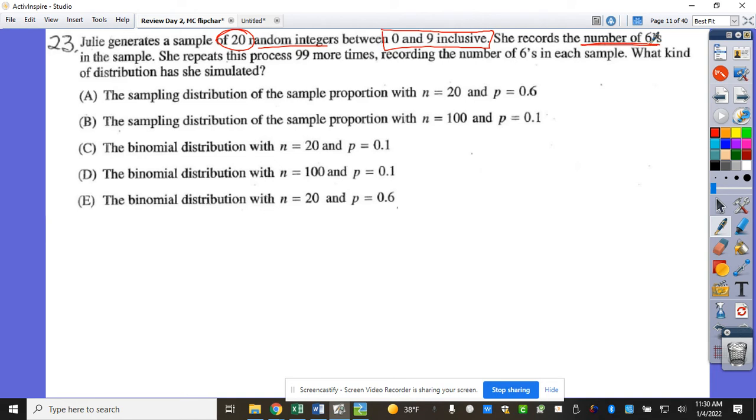So we're deeming 6s as our what? Then she ends up repeating it 99 more times, recording the number of 6s in each, and so forth. If a 6 is success, that means the probability of our success is what? And that should definitely knock those two out.